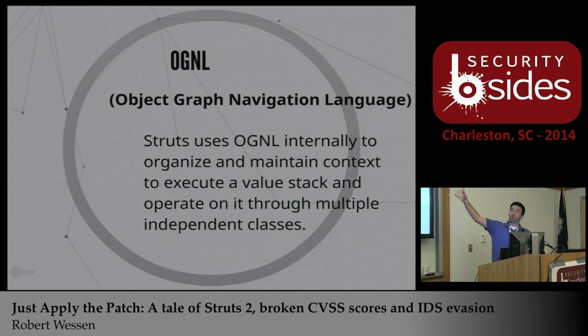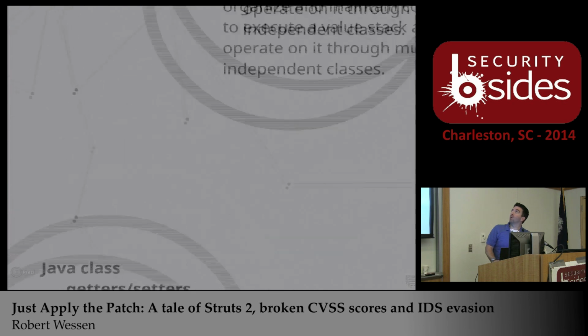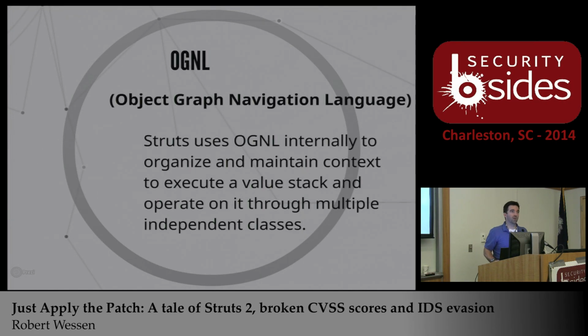So you can pass the OGNL context between your different classes, between what Struts calls interceptors and action models and other things. You can take this context object, pass it through these different classes, and it stays consistent. It's just a nice, neat way to do things. But we're going to see later on that this actually gets you in a lot of trouble if you expose this stuff.